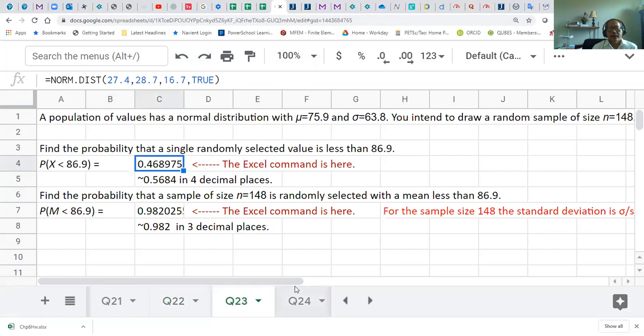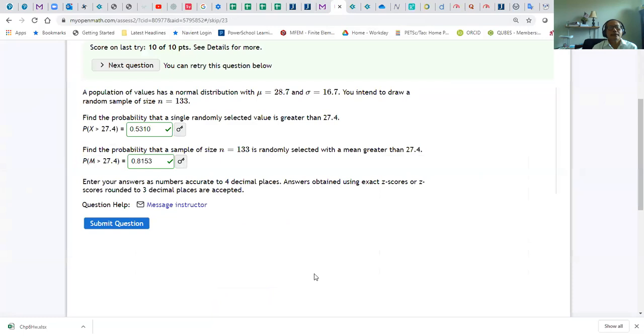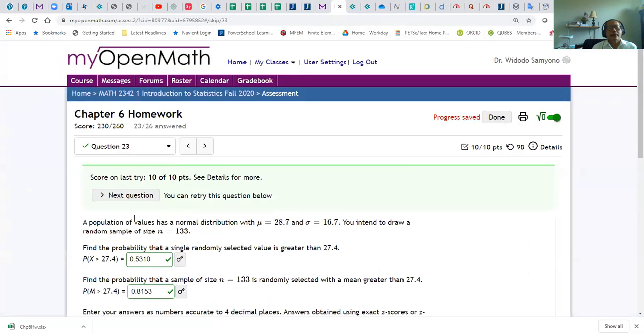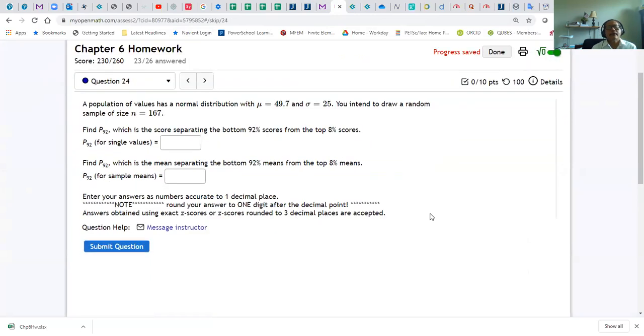So now number 24. Is that right, number 24? Yeah, number 24, okay. It's almost the same thing: the bottom score from the top score.